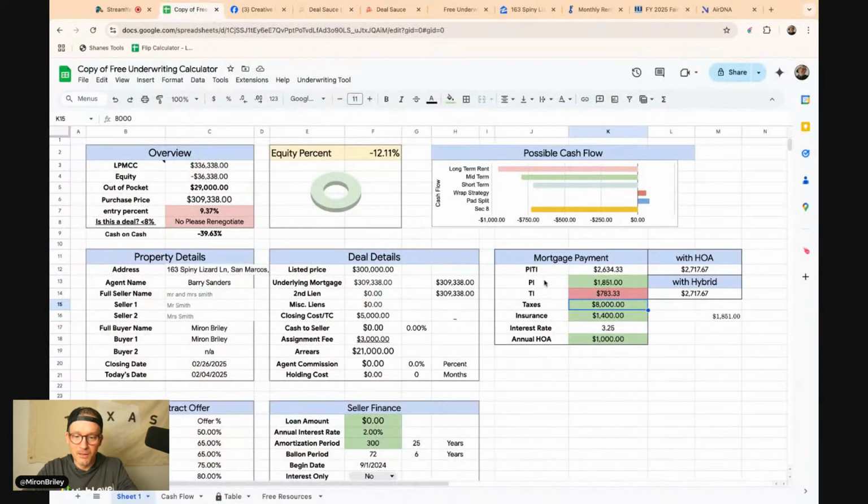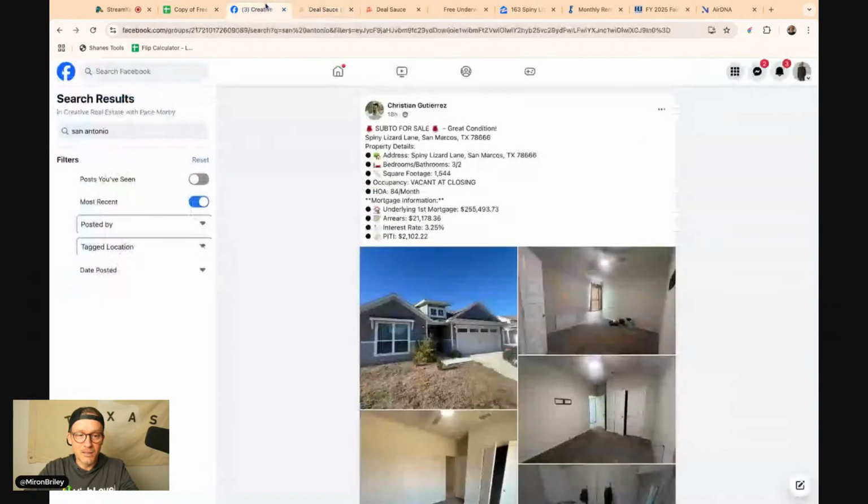And insurance around 1,400 bucks. That's not bad. So that's how I would calculate my PITI. That's how you get that right there, 2620. That's wrong. He's telling us what the PITI is. It's 2,100. So that makes me think, what are we missing here?